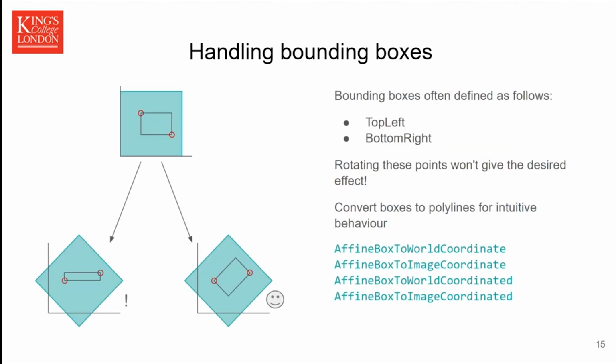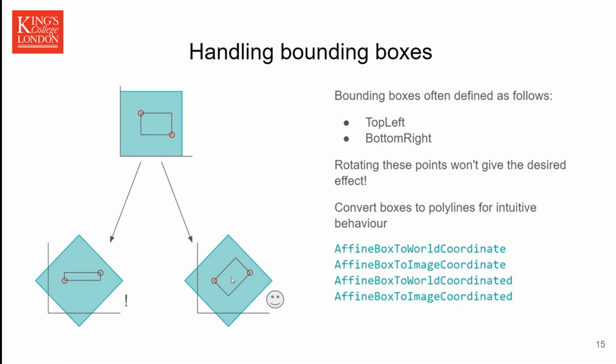So another thing that you should be aware of is that, for example, if you are dealing with something like bounding boxes, which are a very common shape, they're often only defined by 2 points, a top left and a bottom right. So if you rotate these 2 points and still interpret them as a bounding box, you're going to get what you have here on the left, which is almost certainly not what you intended.